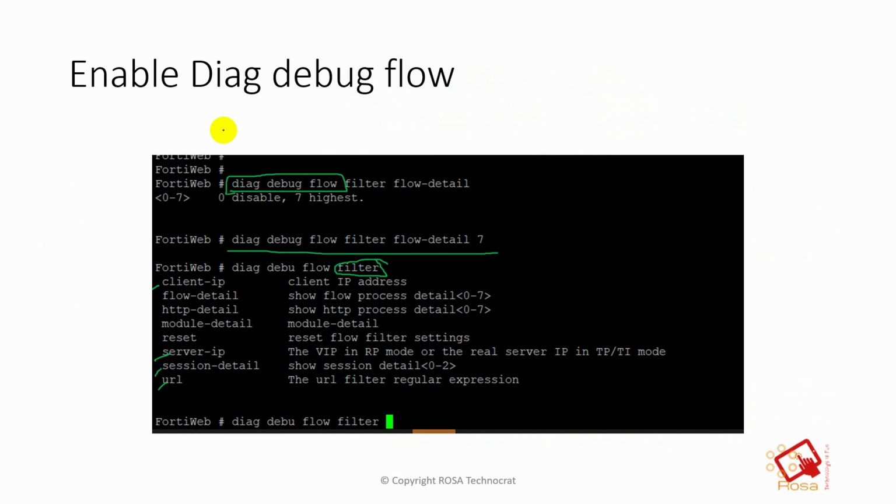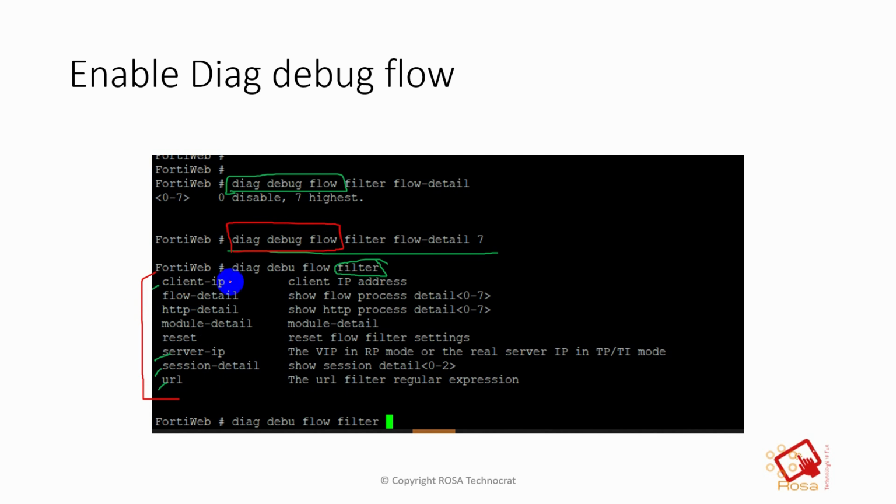This is how we enable the debug flow on FortiWeb. Debug flow is enabled by using the command diag debug flow. This is the main command, diag debug flow, and then filters. You can apply different filters under that, and filters can be based on the client IP, server IP, flow detail, module detail, reset, session detail. Based on all these, you can apply the filters to enable the debug flow.